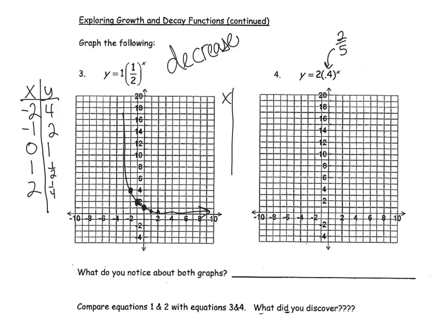Set up your table of values first. -2, 12.5. -1, 5. 0, 2. Oh, there's my y-intercept. 1, 4/5.